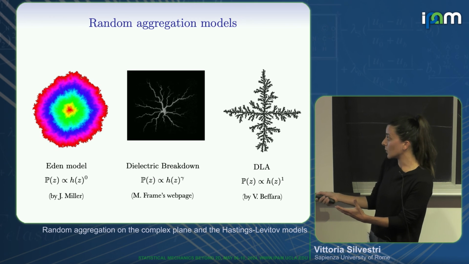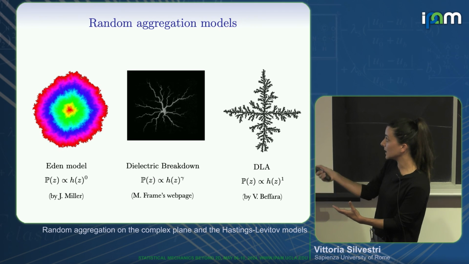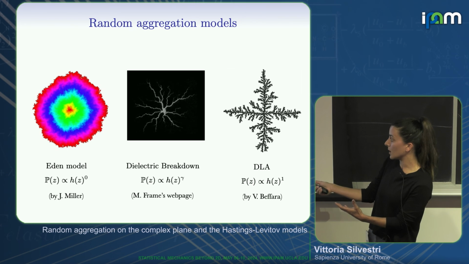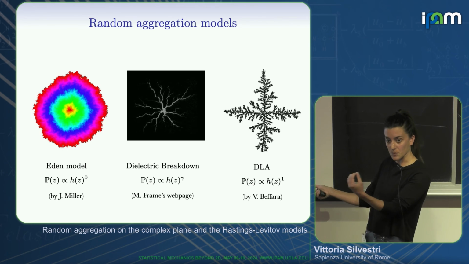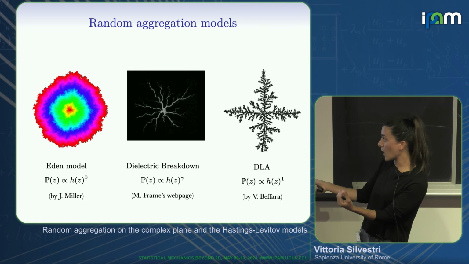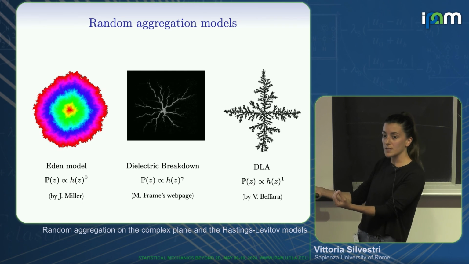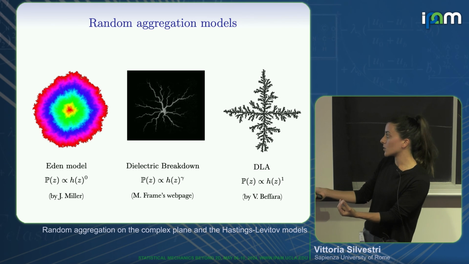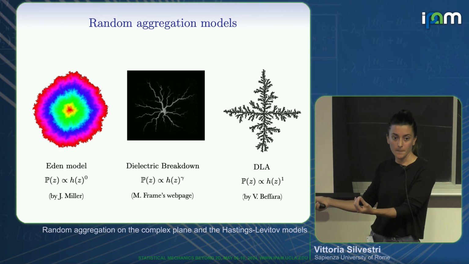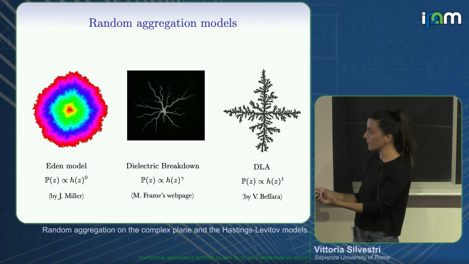Well, there are several ways of doing it, but one is to think of DLA as growing according to harmonic measure, which is just the hitting measure of a simple random walk on the boundary, raised to the power 1. The Eden model grows according to the uniform measure, so harmonic measure to the power 0, and you can raise the harmonic measure to some fractional power gamma between 0 and 1, and that takes you from the Eden model to DLA and back, according to the value of gamma.